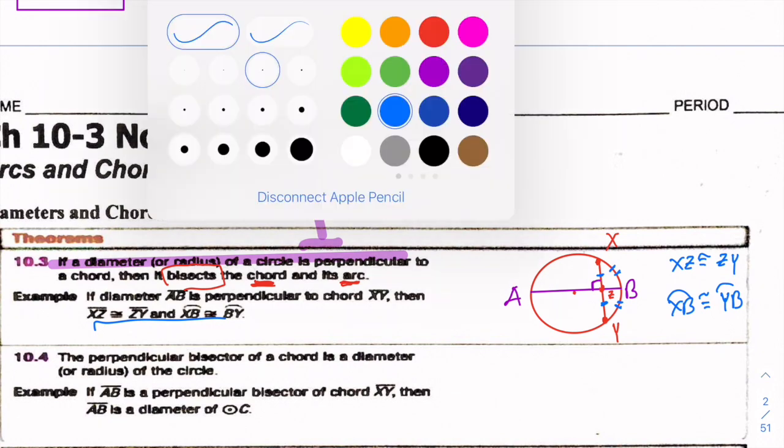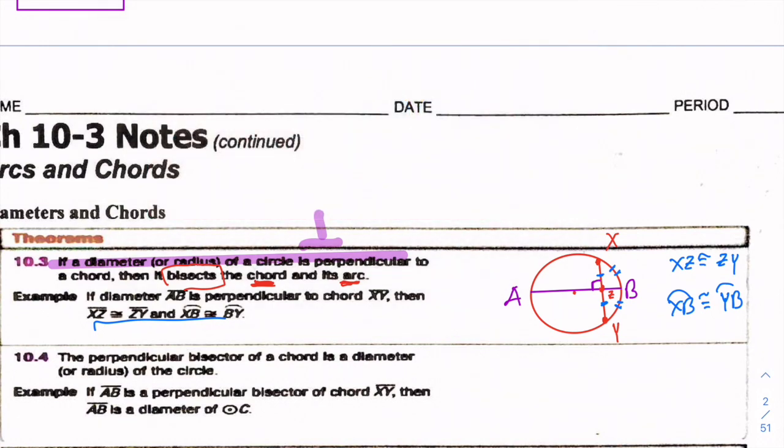So really, I can just give you a shorthand here. If a diameter is perpendicular to a chord, well, what does that mean? I'm gonna put this biconditional statement.